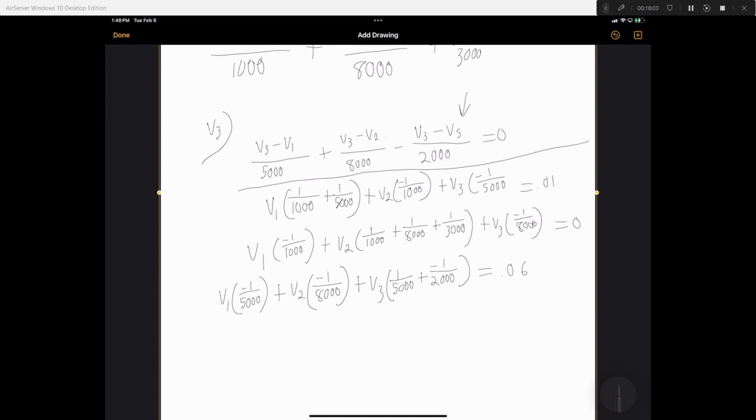I think they give it to us. Okay, now let's put it into my matrix calculator and see what we get.